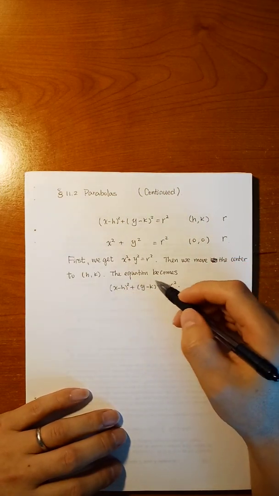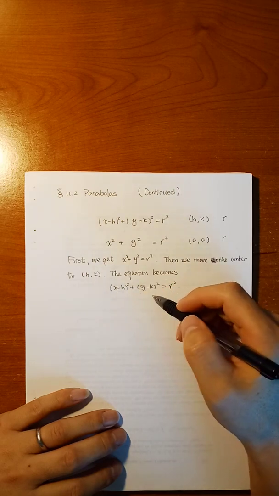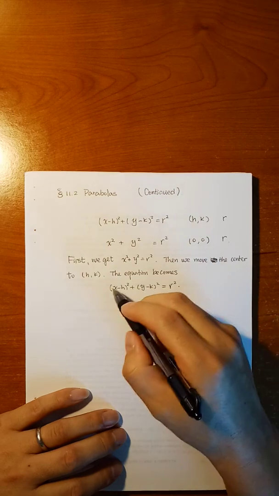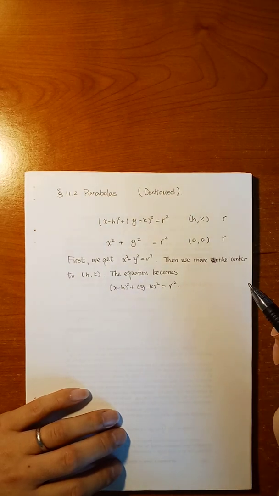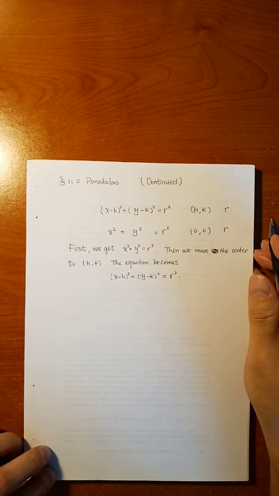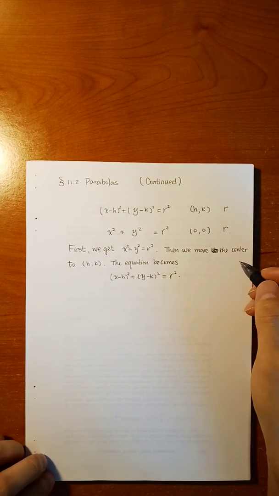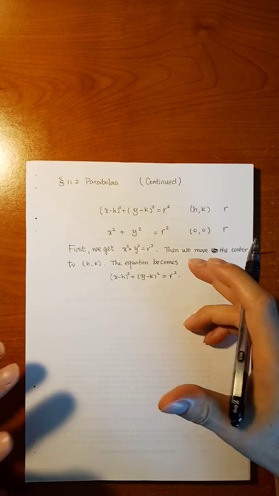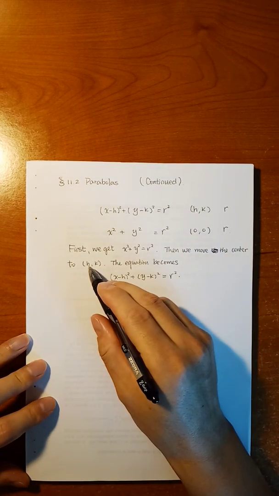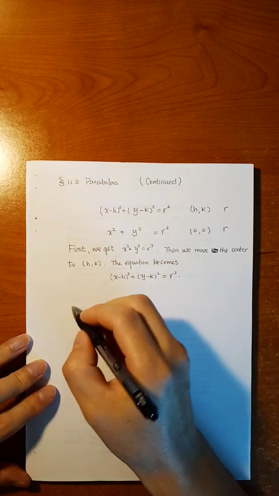The only changed part is this part. So when you move the center to (h, k), you get x minus h, y minus k. That's the idea, and now we try to follow a similar thing. Here is x minus the x coordinate, y minus the y coordinate.